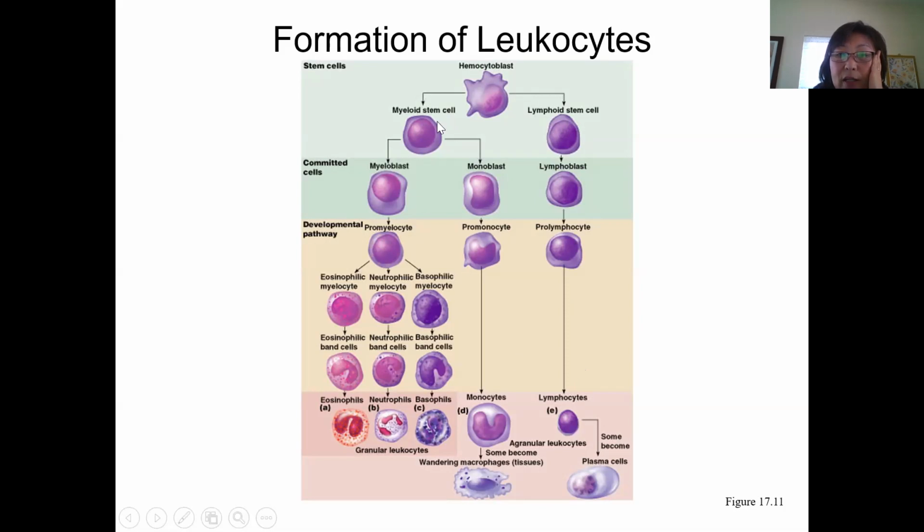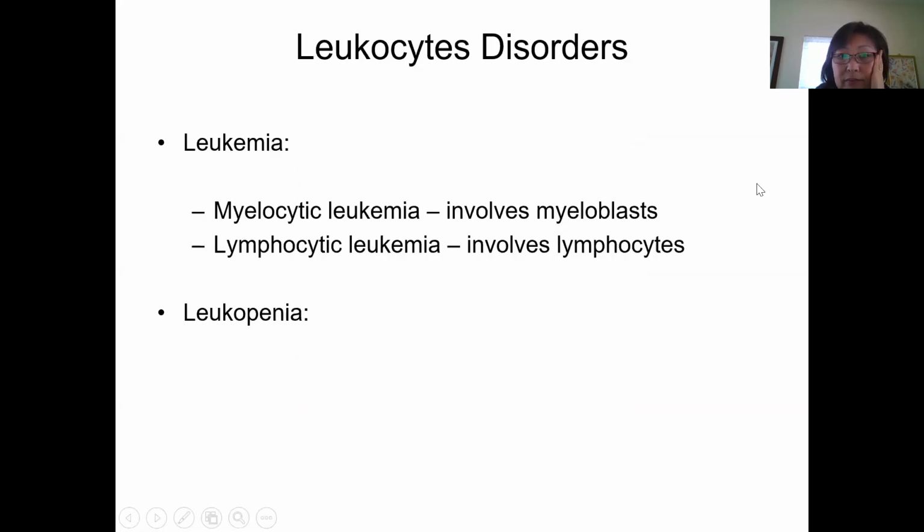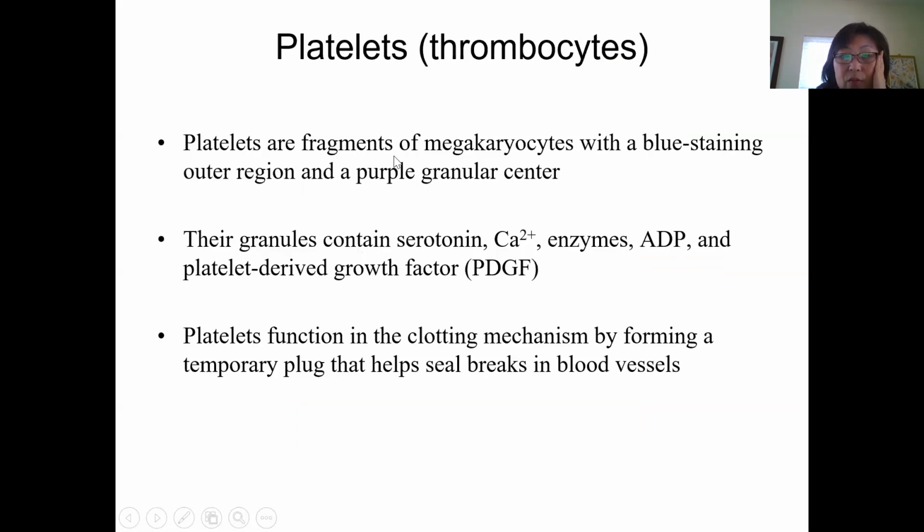And the myeloid stem cells will make RBCs and the rest of the types of WBCs, plus platelets. So again, for the WBC disorders, you have a chart in your lab handout. Please read and work on that.